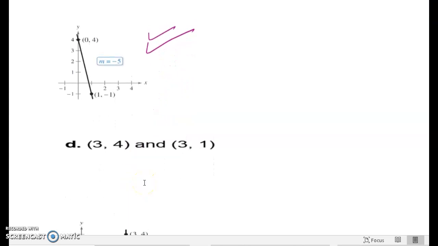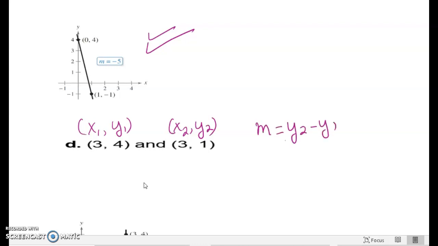One more: 3 and 3, 4, 3, 1. Okay, label it. Always label it first. Now write the formula and let's plug it in. y2 is 1, y1 is 4.